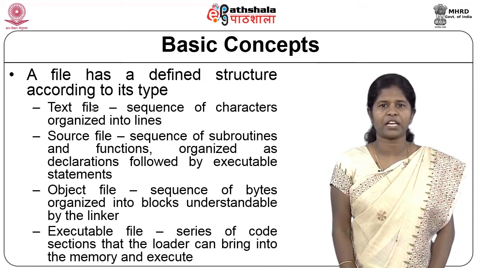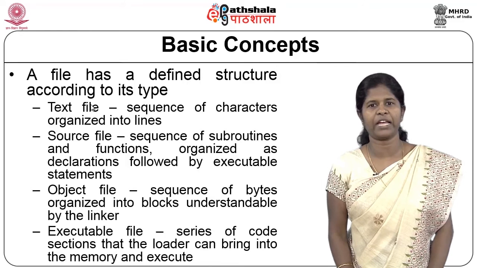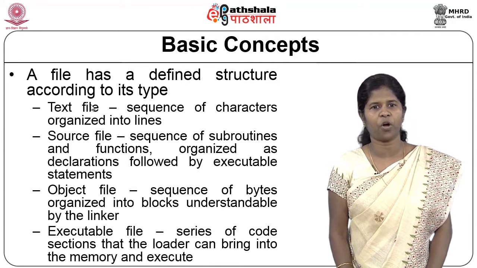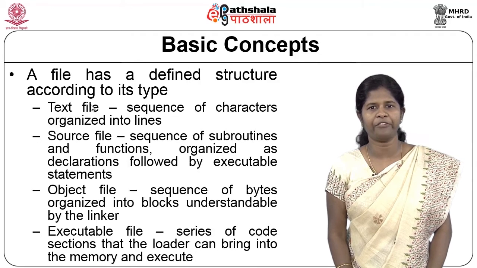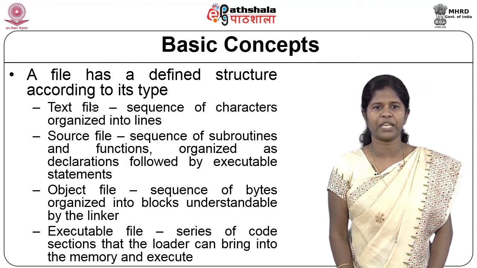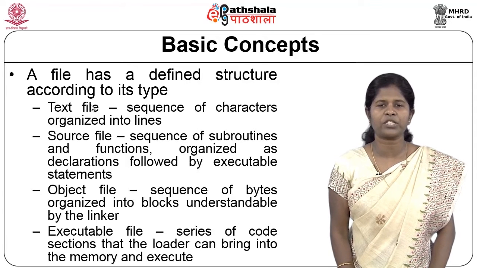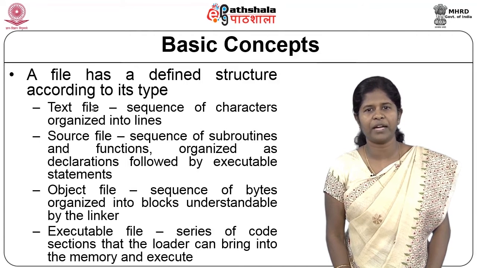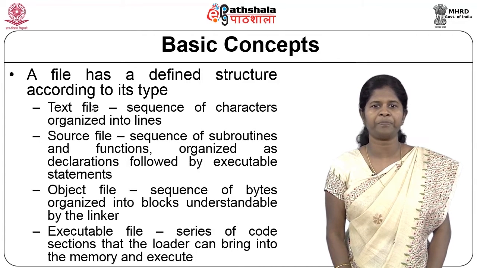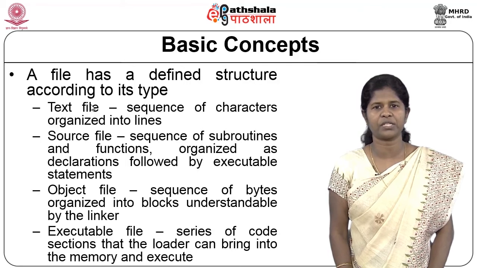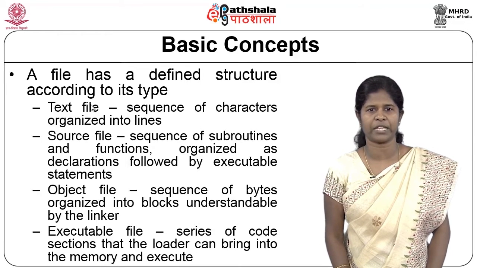When you look at the structure of a file, each file has a defined structure, and that depends on the type of the file. For example, a text file is a sequence of characters organized into lines. A source file will have a source program, which is a sequence of subroutines and functions organized as declarations followed by executable statements.